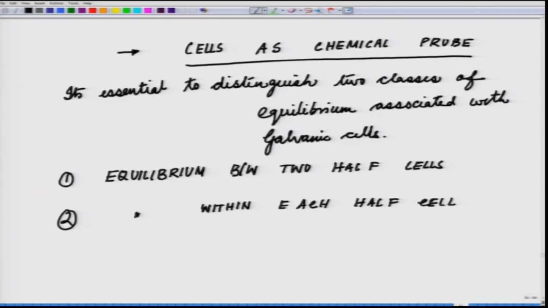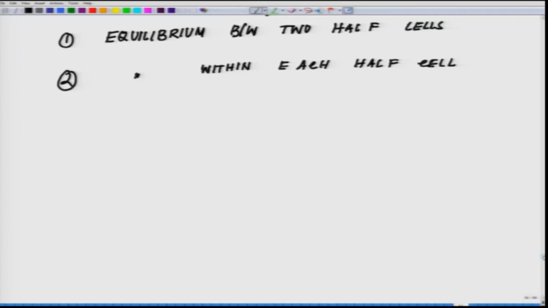So, now I will use this opportunity to explore how this could be used to find the hydrogen ion concentration, H plus ion concentration. Okay. So, let me draw a cell. And keep another thing in mind, if a galvanic cell has a non-zero voltage, then the net cell reaction is not at equilibrium.